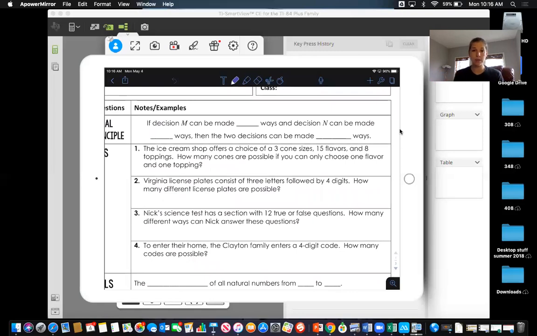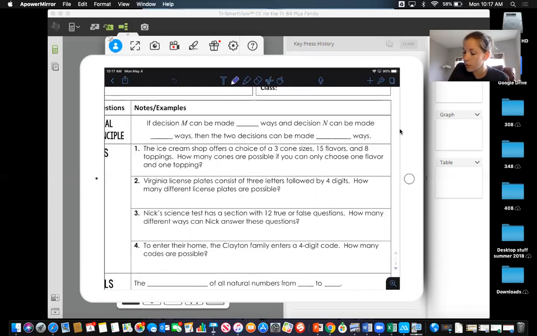A lot of times we call this a slot method. So let me just go into the first example because I think it will help, and then we'll go back to that definition. It says the ice cream shop offers a choice of 3 cone sizes, 15 flavors, and 8 toppings.